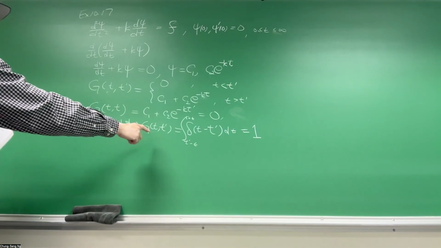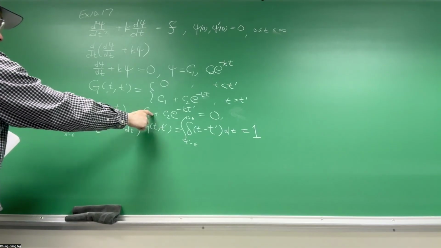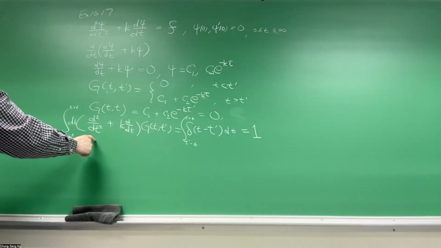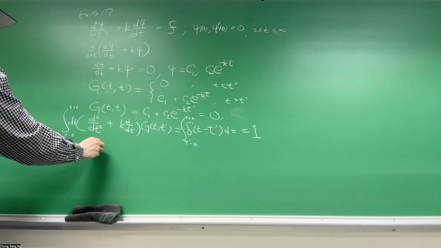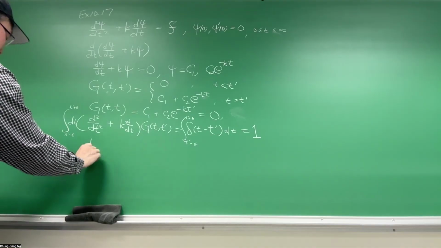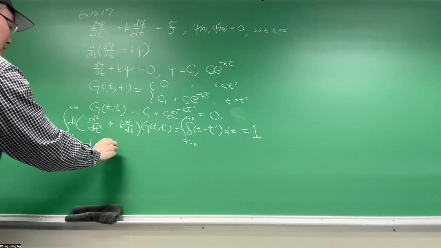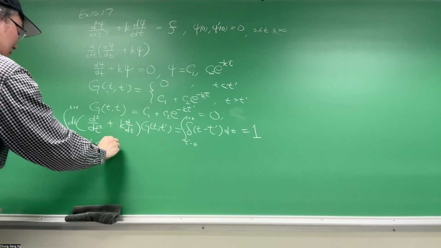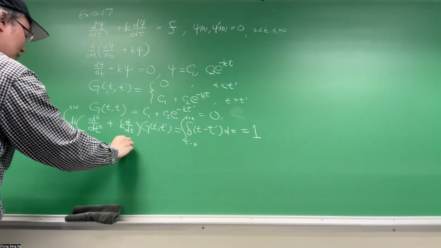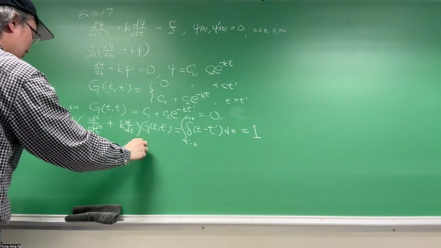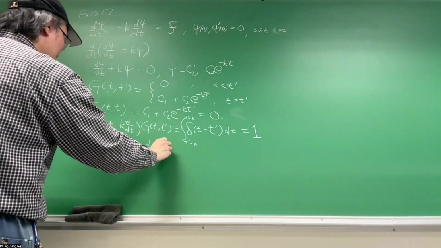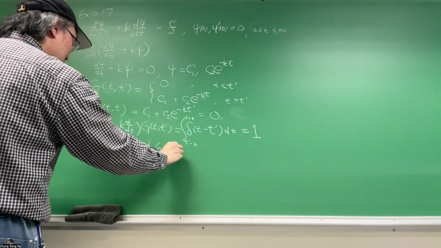But as epsilon goes to 0, G is continuous, so the second term is 0. Now the first term will give you d/dt of G at t prime plus epsilon, t prime, minus d/dt of G at t prime minus epsilon, t prime.